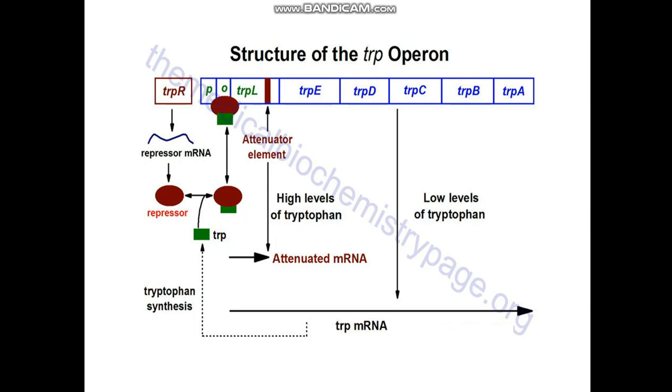But if the tryptophan level is low, then no tryptophan is available for binding with the repressor, so there is no binding with the operator site and the transcription starts.